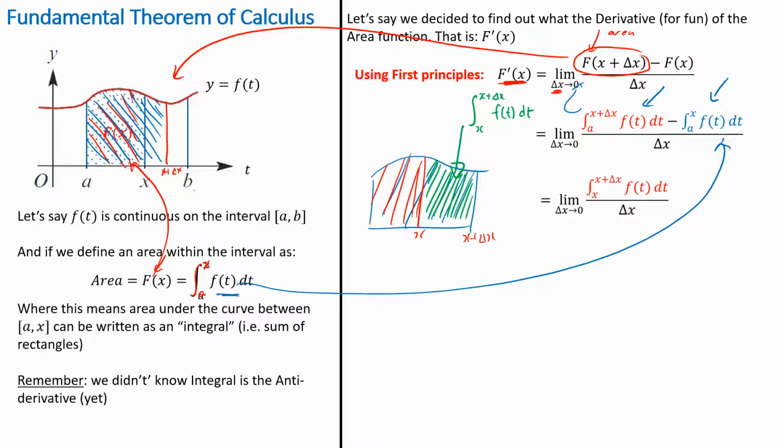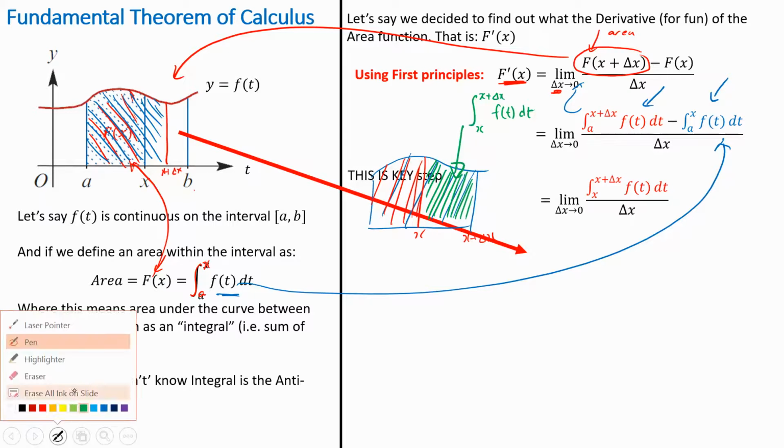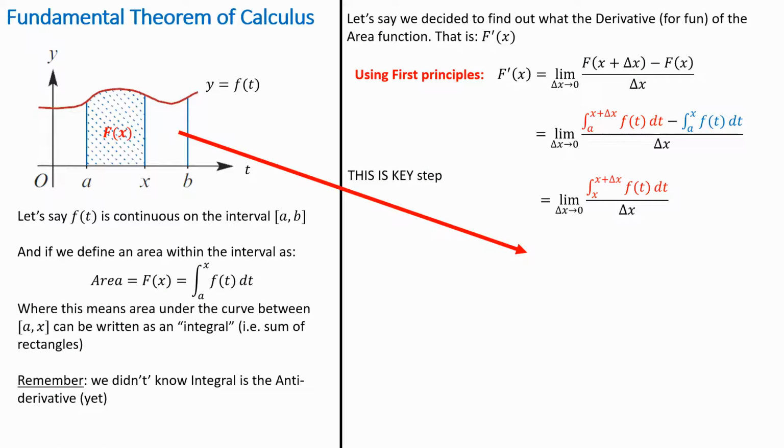Now the key part here, which is why it's really interesting, is that I can separate this now. If I separate this, this links to what I taught you guys yesterday. If I separate it, I take out delta x, it's 1 over delta x, multiplied by the area, which is the one I colored, between x to x plus delta x.